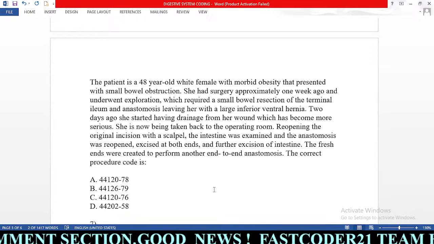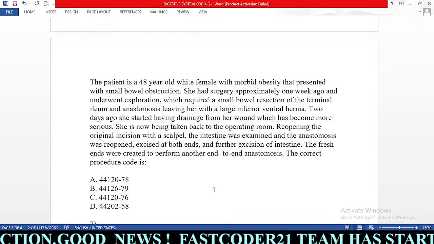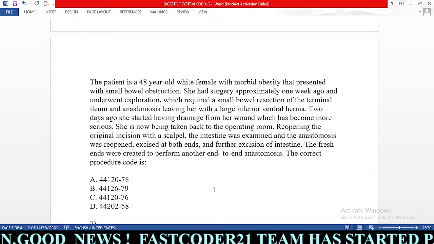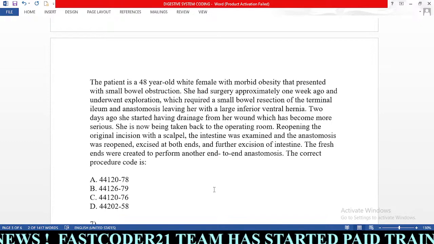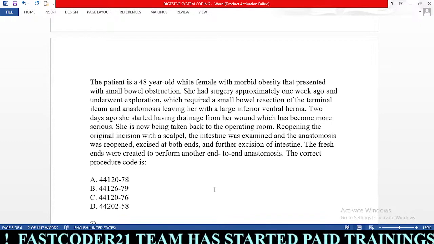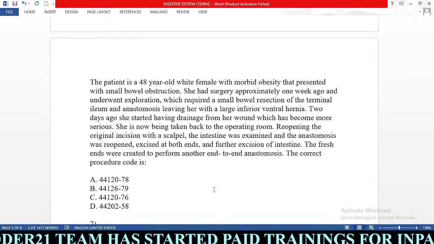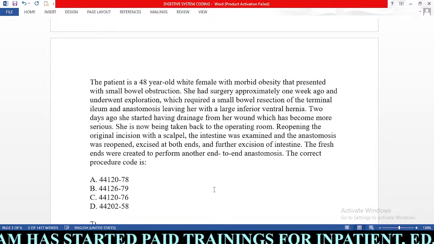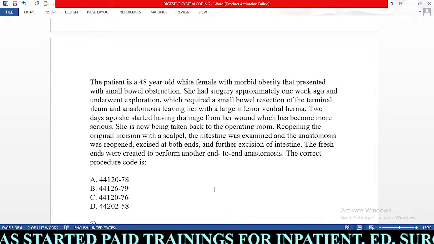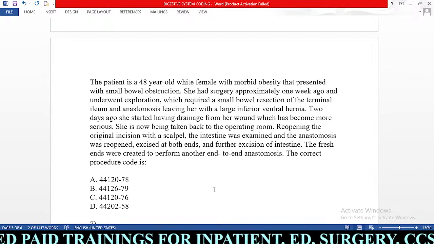We have 2 more minutes. Most of the CPC questions have options that are very same with minor changes.